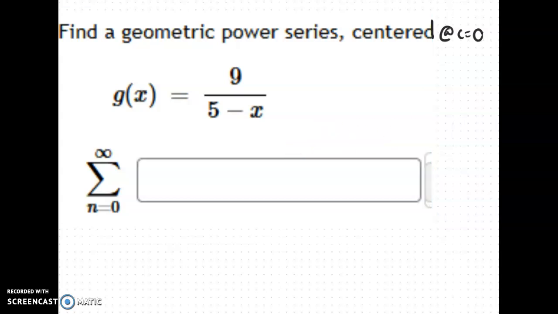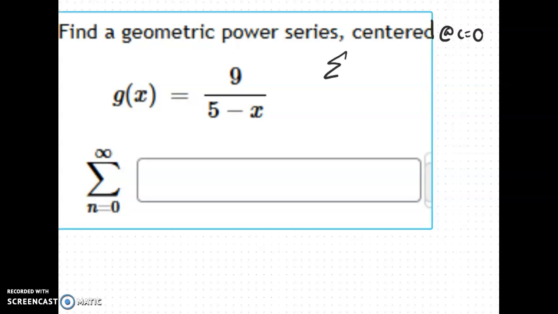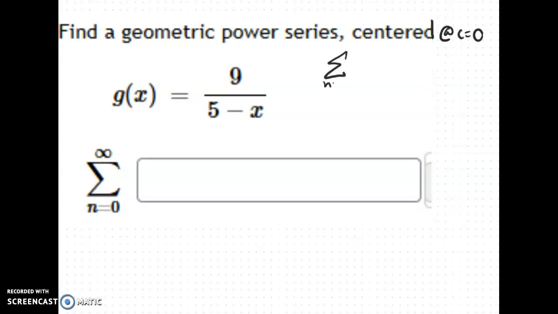The first thing you need to do is be familiar with the geometric series. Now there are two forms of how to write a geometric power series. This is the first one, in which the sum of it is equal to a divided by 1 minus r.